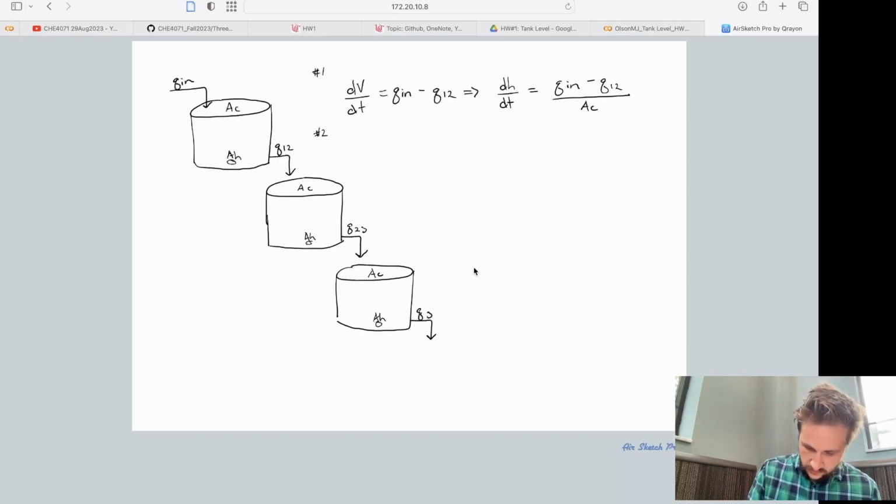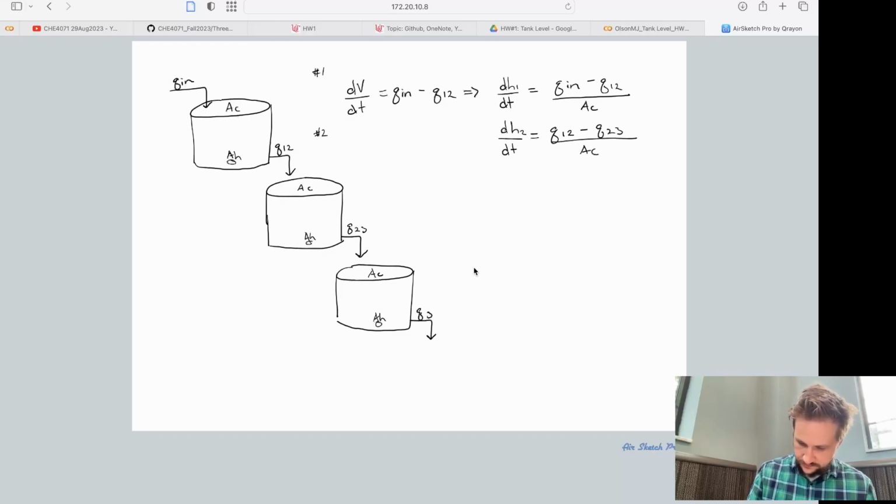And then really it's the same thing for tank 2. It's the same principle, but here we have the height of tank 2, so let me go ahead and say H1, H2. So that is going to be the flow entering, which is Q12, the flow leaving is Q23. They have the same cross-sectional area.